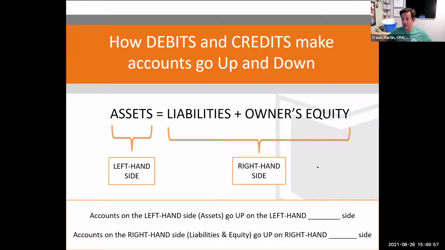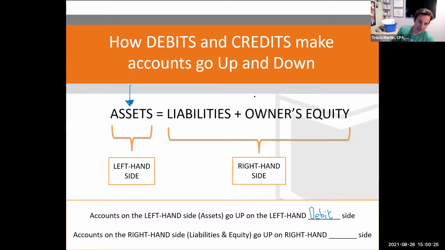Sounds confusing. I'm going to give you a general rule of thumb. If it's an asset account, on the left-hand side, it goes up on the left-hand side, or the debit side. So if the account lives on the left-hand side of the equation, it goes up on the left-hand side of the T account.